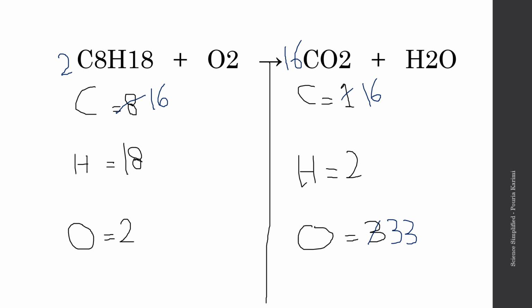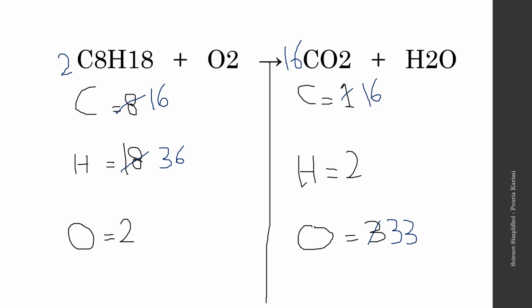So 16 times 2 is 32 plus 1, 33. And then we're gonna have 36 molecules of hydrogen here. Now, carbon is fixed. Now it is the hydrogen and oxygen that needs to be sorted out.